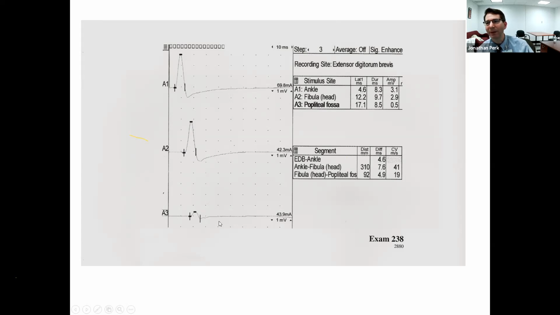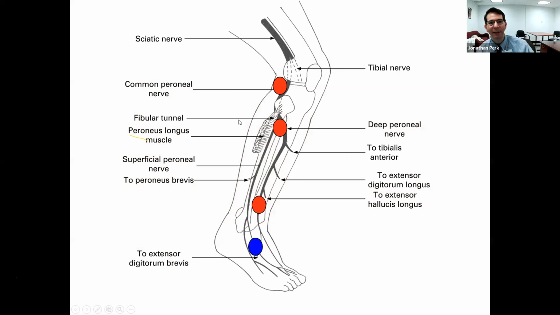Low amplitude. And if it's below 50%, we say that there could be a conduction block. If you look back, we stimulated here, we got this nice CMAP. We stimulated here, nice CMAP. We stimulated here, we got a significant drop.